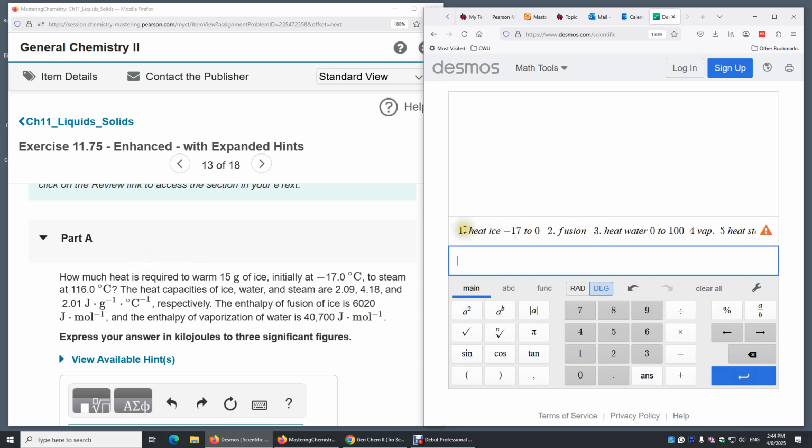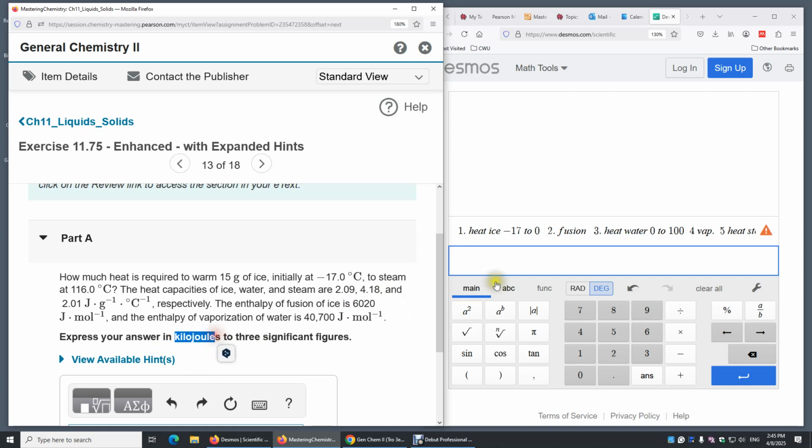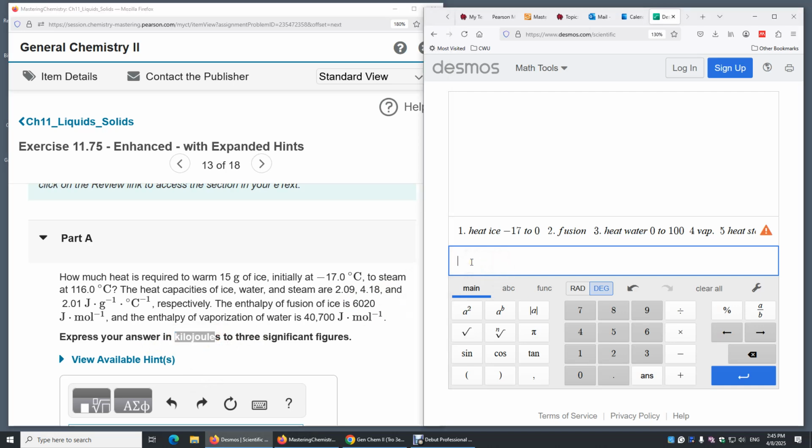Now let's look at the first step. Number 1, we'll heat up the ice from negative 17 to 0. We need the specific heat of ice, 2.09. We need the mass, we need the delta T. We have all the information, but because the answer is going to be in kilojoules, I'm going to do the conversion right here.